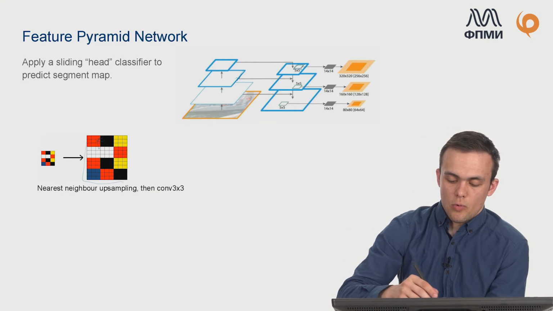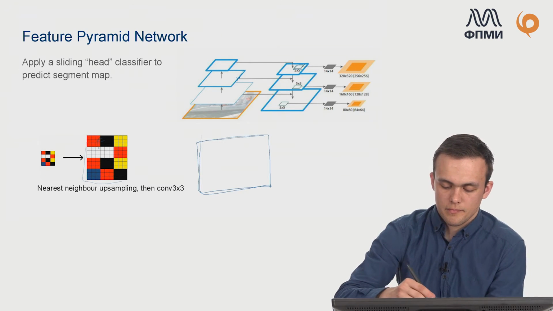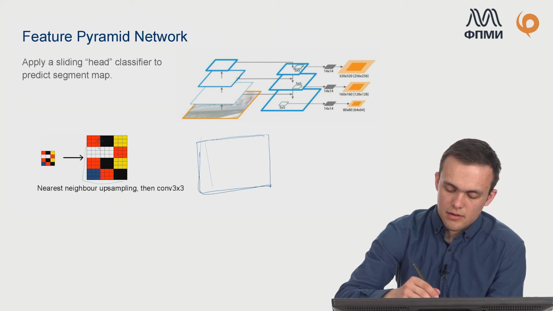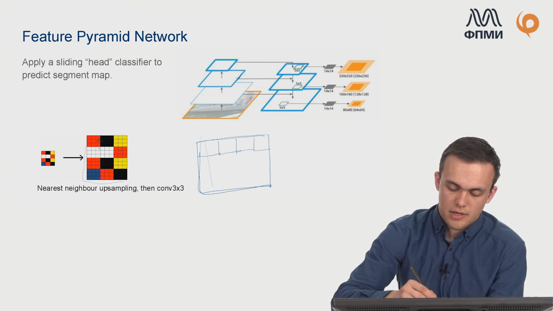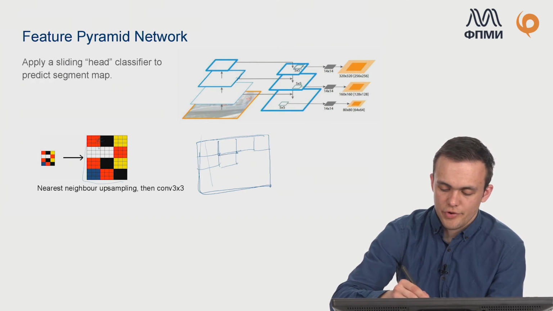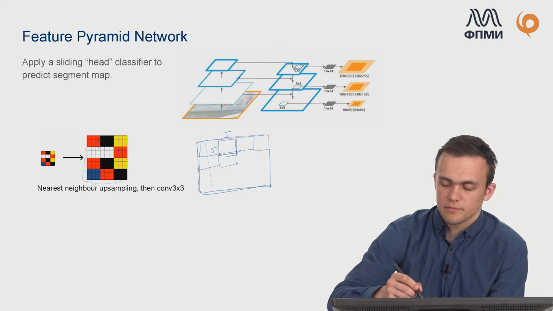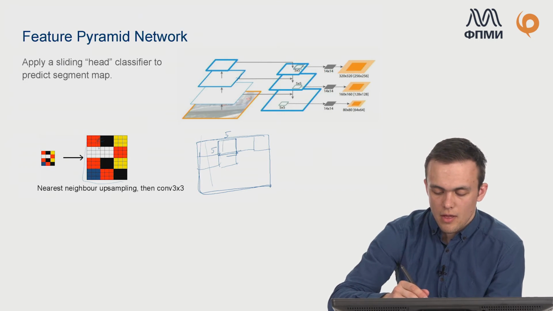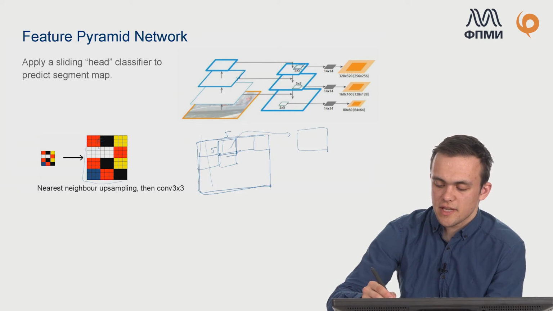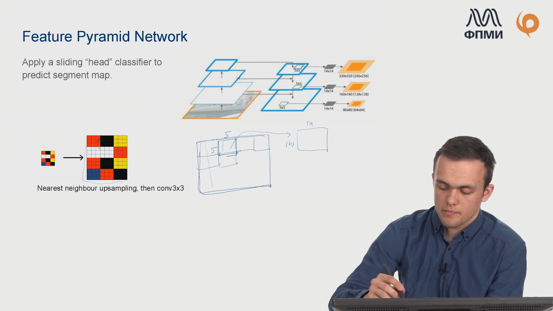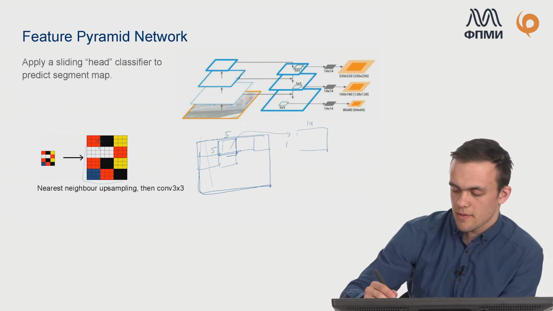So we have the whole feature map, and we divide it into several regions, and for every region, which in this work is 5 by 5, we run a model that outputs a map of size 14 by 14.